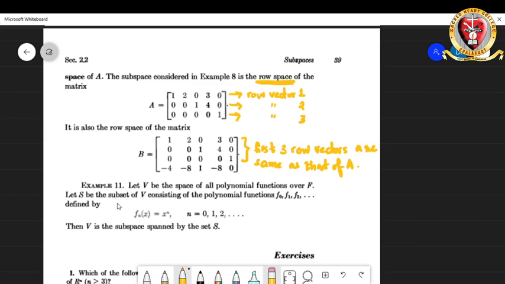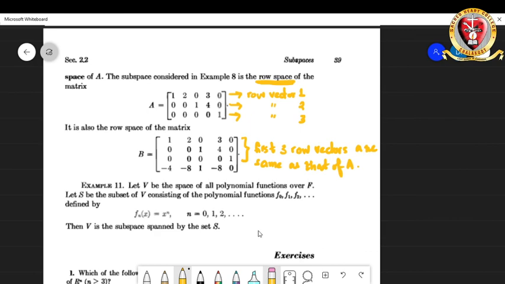Now example 11 says that V is the space of all polynomial functions over F. You know how polynomial functions look: a0 plus a1x plus a2x squared, etcetera, plus anx raised to n. We are taking from those polynomial functions the set S, which is nothing but x raised to n, where n is varying over 0, 1, 2, etcetera.